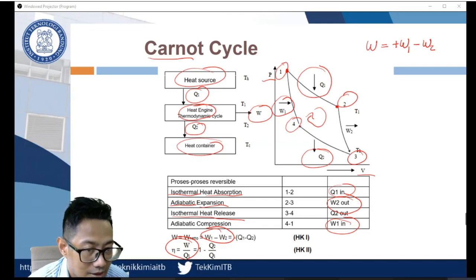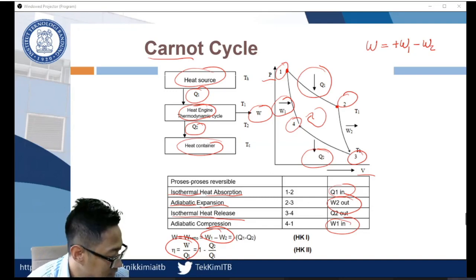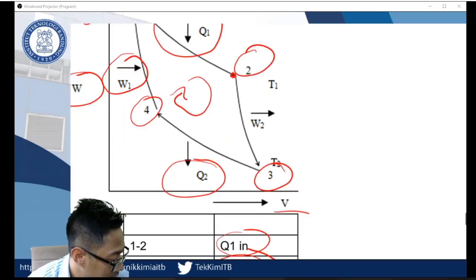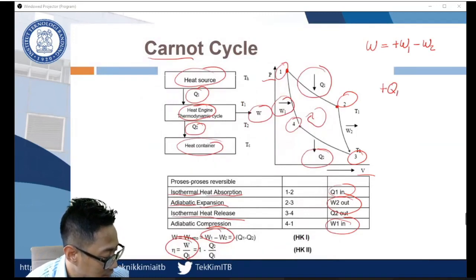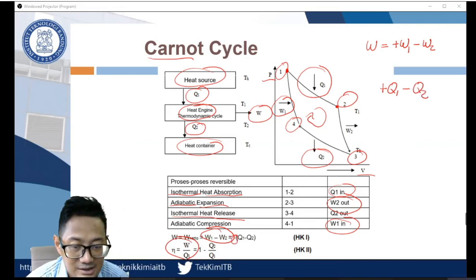How about the heat? Heat that is coming to the system is plus Q1. Heat released from the system is minus Q2. Why is there a minus sign here?